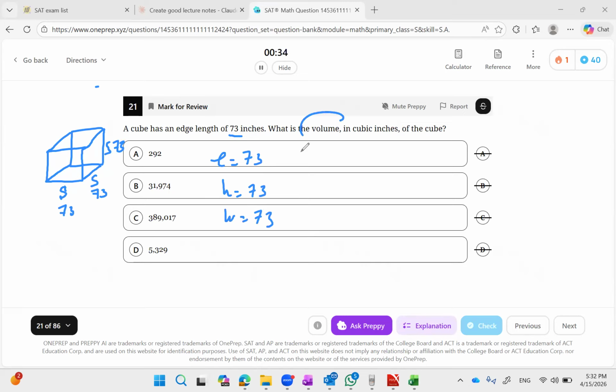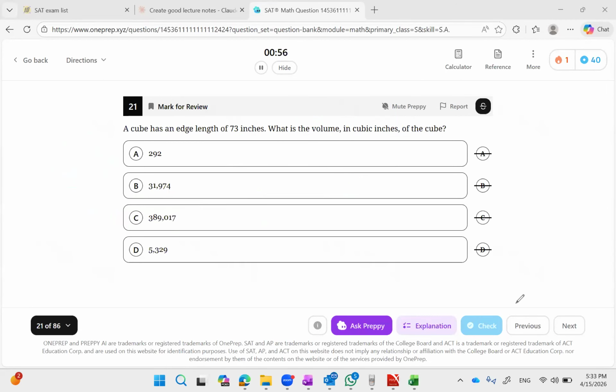So the volume is easily 73 to the power of 3, which is 389,017. So you got the difference between the cuboid and the cube? I'm sure you got it.